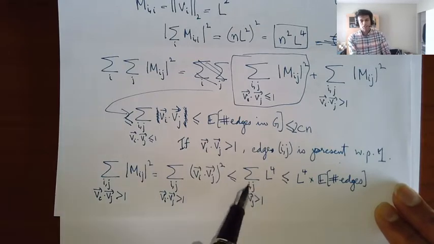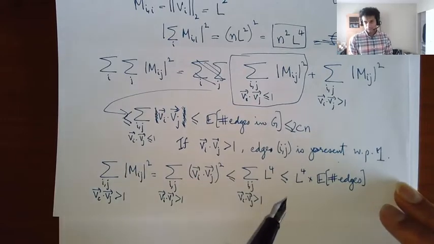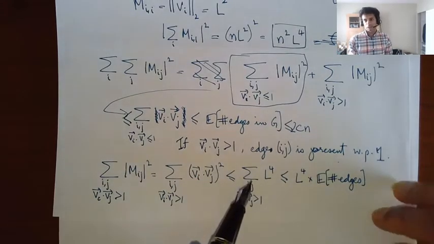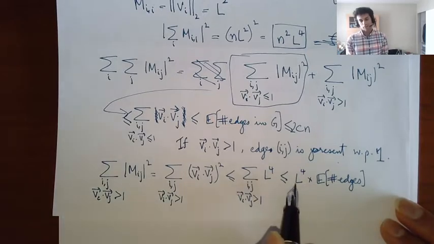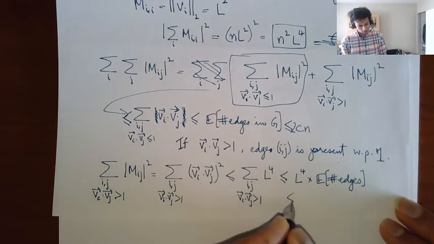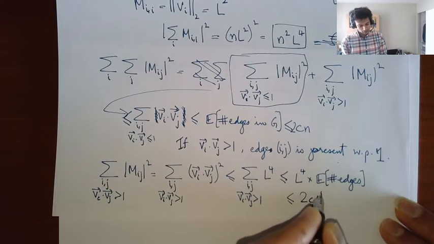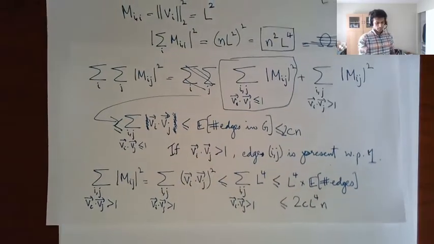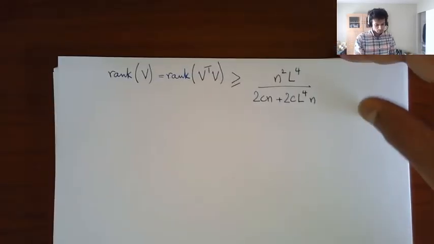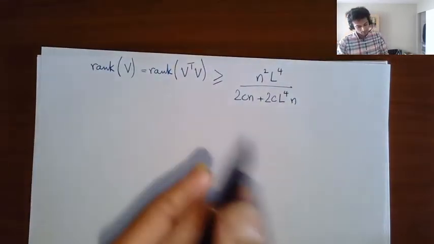But how many such entries can there be? At most the expected number of edges, because each such entry gives you an edge of the graph. And I get this. So it's L to the fourth times the expected number of edges, which is at most 2c L to the fourth n. Okay? So plugging this in, this is what I get.